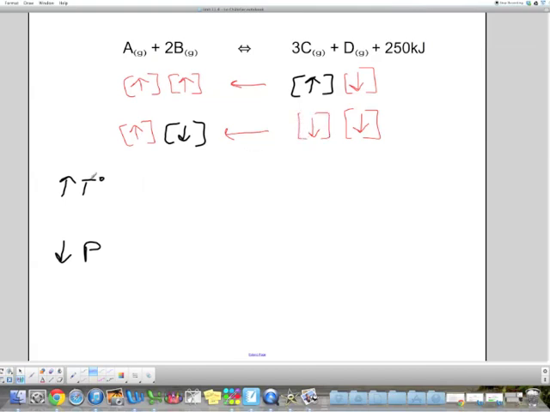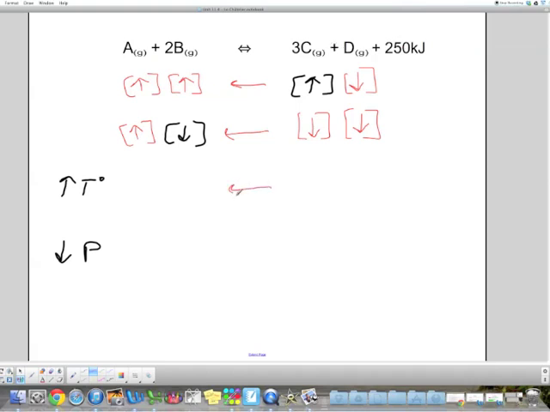Okay, what if I increase the temperature? If I increase the temperature, it's always the endothermic reaction that will benefit from that because I'm putting more energy into the system. Now, is it the forward reaction that's endo, or is it the reverse reaction that's endo? In this case, it's the reverse reaction. So again, by increasing the temperature, I'm putting more energy over here, which benefits the reverse reaction.